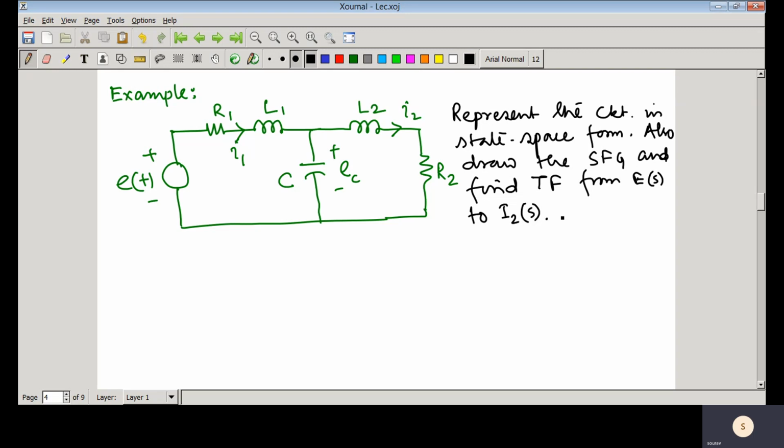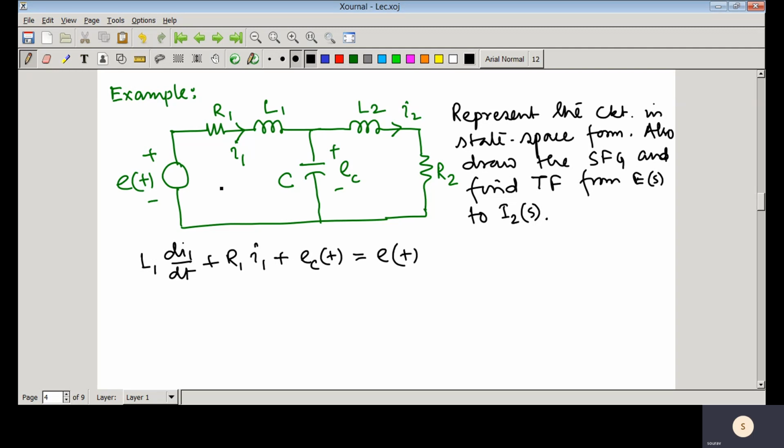So here first we write the differential equation, just applying KCL and KVL. I am not going to discuss those things in detail. So you can see L1 di1/dt plus R1 I1 plus EC(t), that is the first KVL I am writing for the first loop.